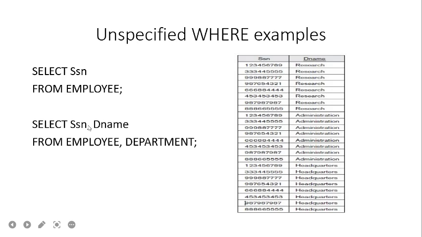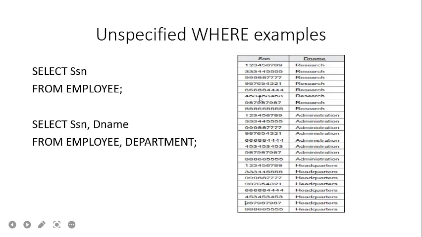We have SSN and D name, from employee and department. Here D name means we have three departments: research department, administration and headquarters, and there are 8 employees in the employee relation, and 3 departments in the department relation.